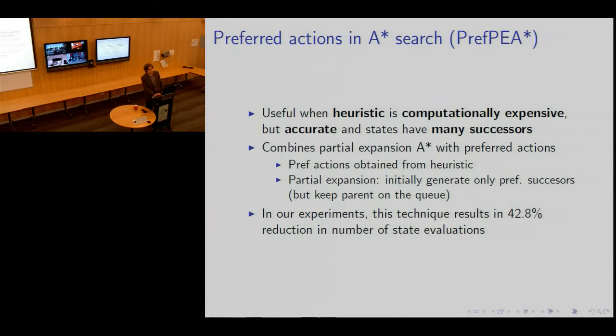In our experiments on the power network problems, this results in 42.8% reduction in number of state evaluations. Since most of our time is used on evaluating the heuristic, we get a similar decrease in time required.